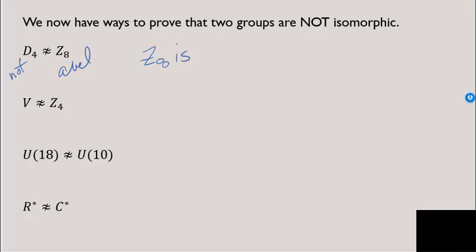Or we could say Z8 is cyclic and D4 is not. Therefore, they are not isomorphic. We could say that D4 has more elements of order 2 than Z8. Anything that you detect like that will immediately give you that the groups are not algebraically identical.